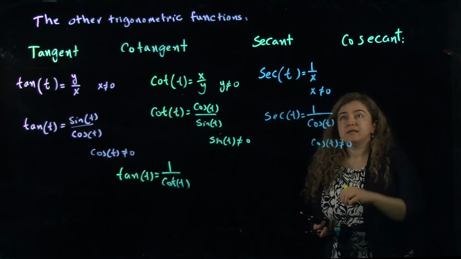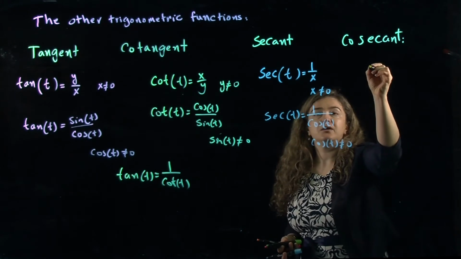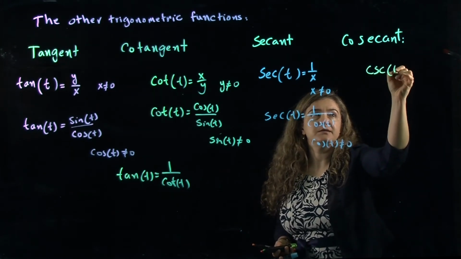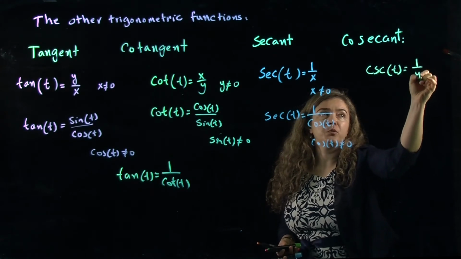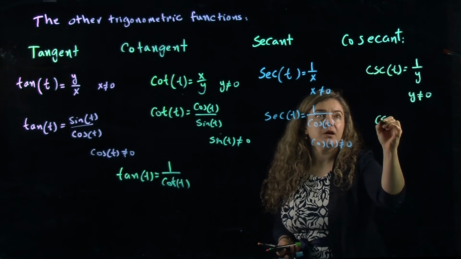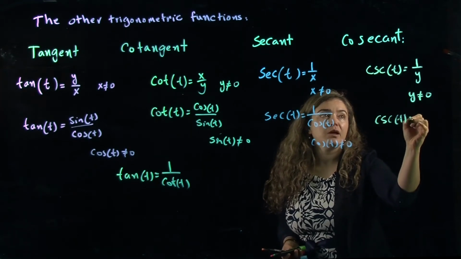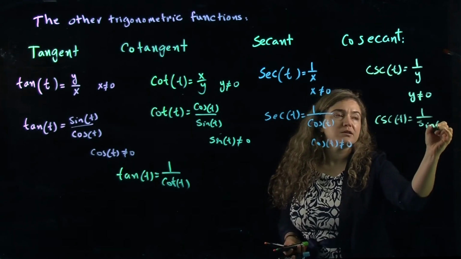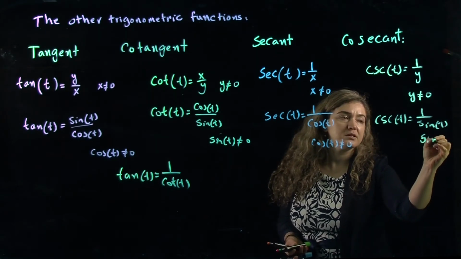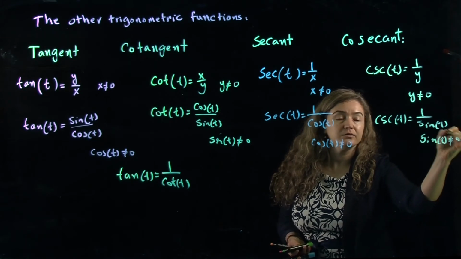And the last one is the cosecant of t. Cosecant is CSC. It is 1 over y, where y is not equal to 0. Also, it's 1 over sine of t, when sine of t is not equal to 0.